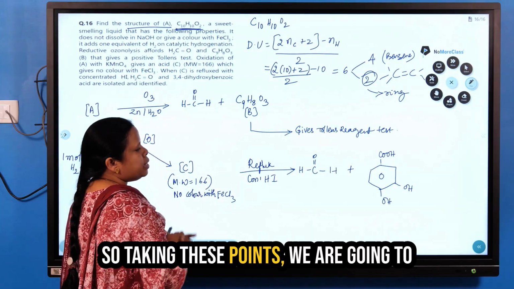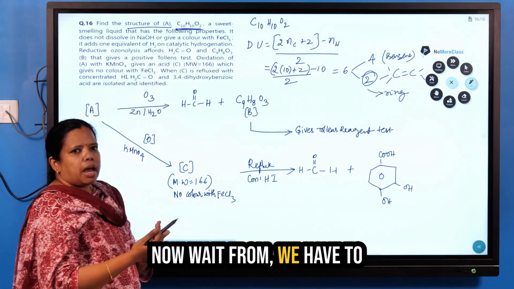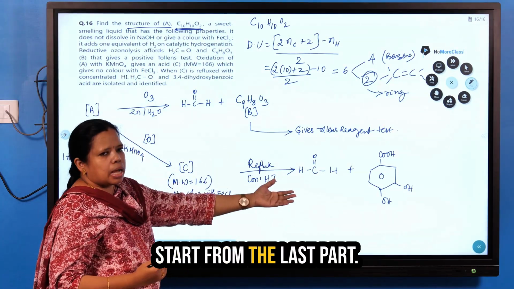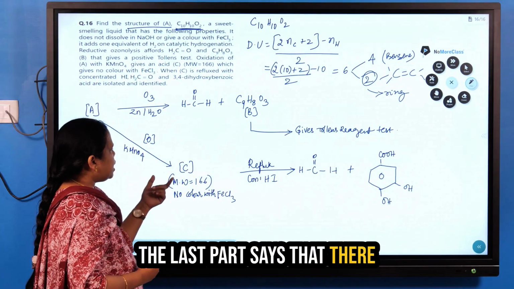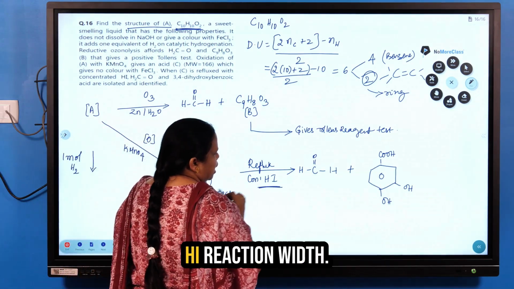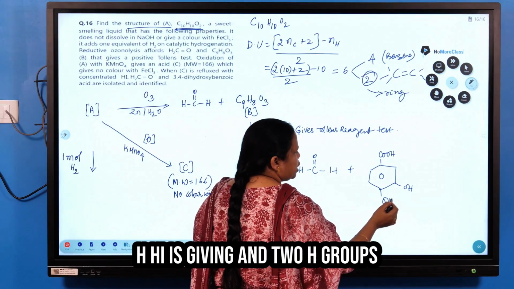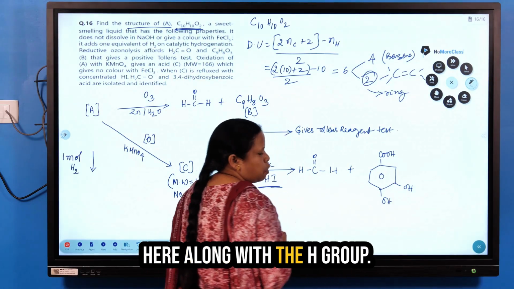Taking this point, we are going to identify how the reaction can proceed. Where do we have to start from? Obviously, we have to start from the last part. The last part says there is a compound C which on reflux with HI gives 2 OH groups along with a COOH group.